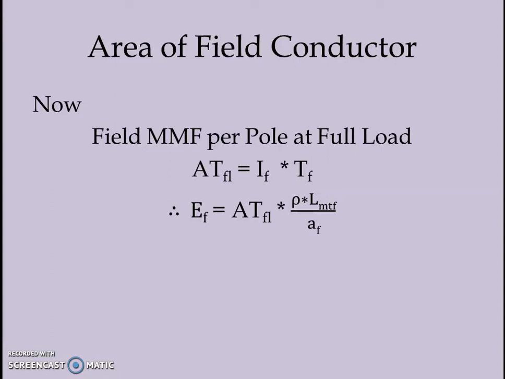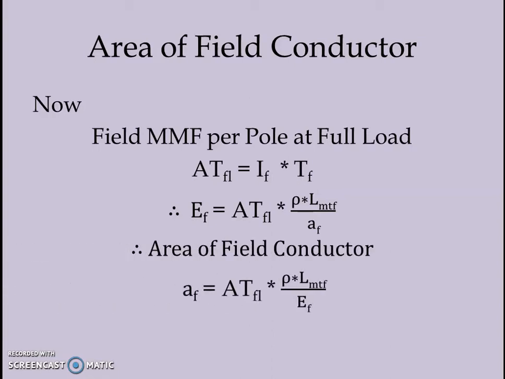So from this equation we can easily calculate AF, that is ATFL multiplied by rho multiplied by LMTF and divided by EF, where EF is the voltage across each coil. So very easily we can calculate the area of the field conductor.